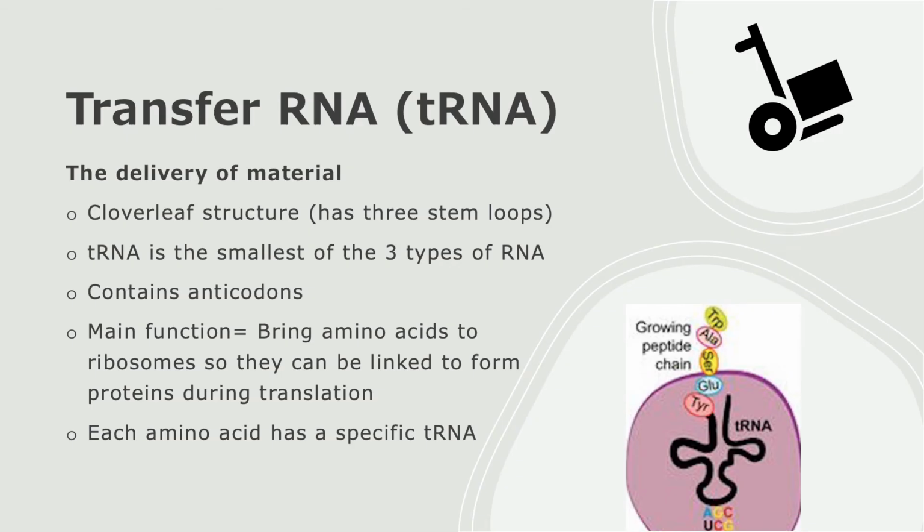The last type of the most common RNA is transfer RNA, or tRNA. This is the delivery of the material. So you can think of this as like the UPS person dropping off your packages. tRNA has a cloverleaf structure, which is stabilized through strong hydrogen bonds between the nucleotides.